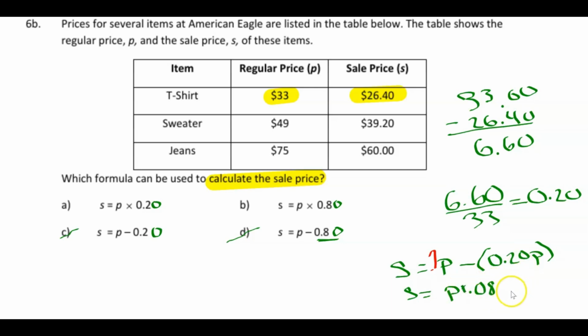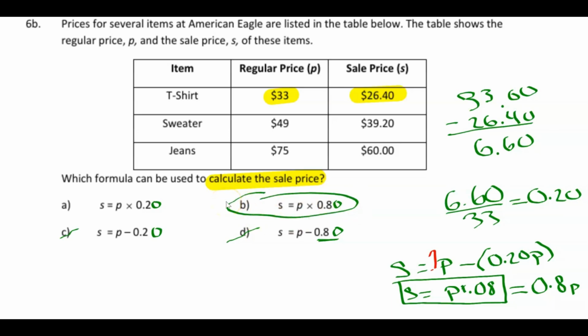Just as a reminder, that's also equal to 0.8p, but since that's not an option, this right here will be our answer, which is answer choice B. That basically means we are paying 80% of the original price after subtracting 20%. So choice B is our correct answer.